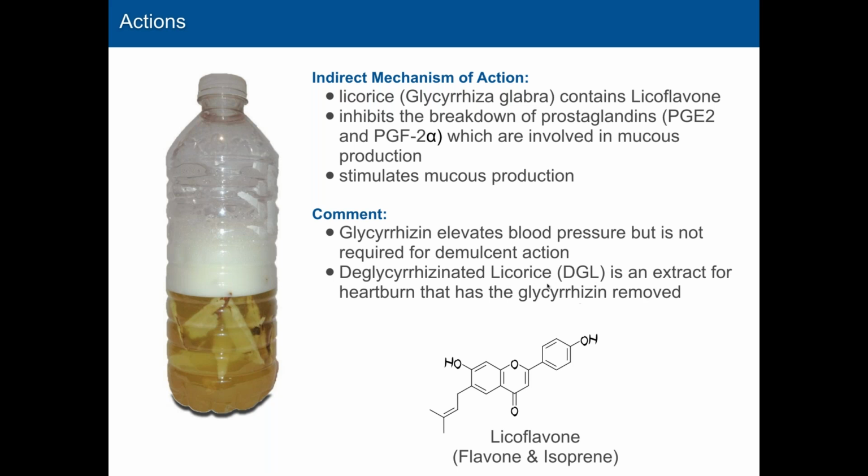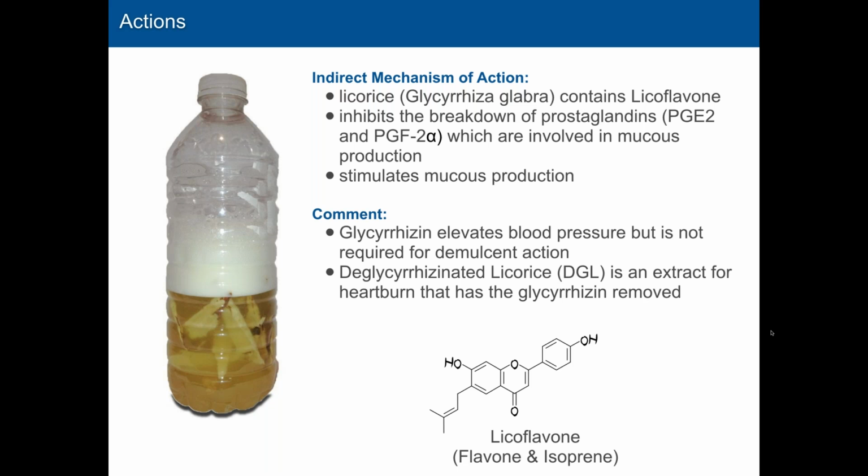They've removed the glycyrrhizin, which is the triterpenoid saponin. They've removed that compound, which is unnecessary and would be contraindicated for people with high blood pressure. It contains primarily just this lycoflavone, and it can be very useful for heartburn.